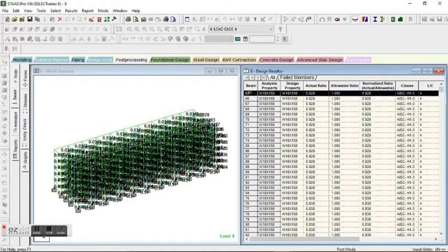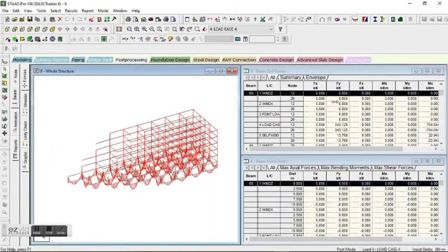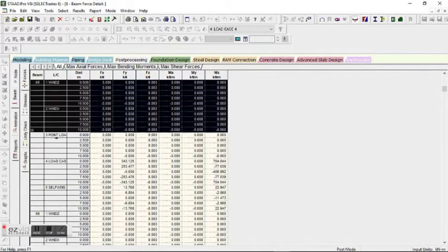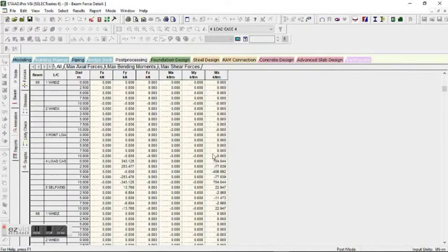The critical beam that we determined is beam 65 with an actual ratio of 0.929, which is approximately 1. In the table are all the forces acting on beam 65. More details will be explained using the graphs that have been plotted.